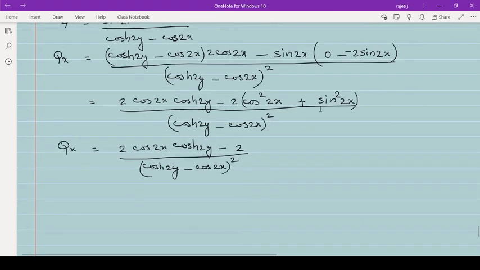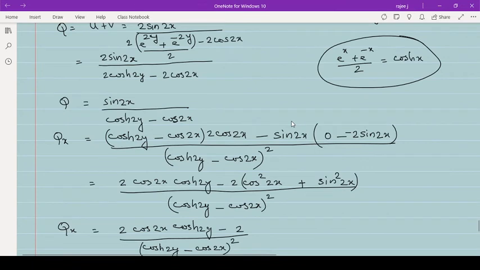So this is q_x. Okay. Now same way q_y, I am leaving a little space here because we have some other work there. So q_y means derivative of this q with respect to y. So denominator into derivative of numerator, derivative of sin 2x with respect to y will be 0.